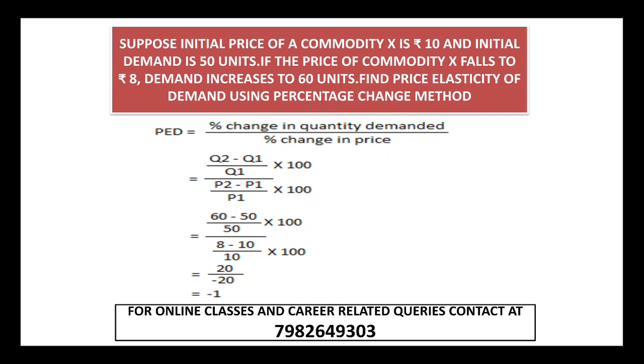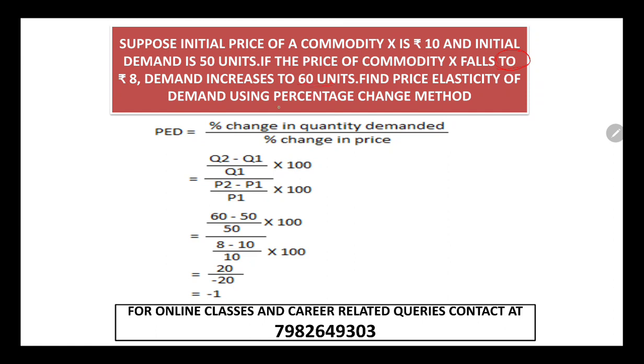Now if the price of the commodity X falls to rupees 8, which means that now the new price is rupees 8. Always remember this: when they say falls to, they are talking about the new price. So the demand increases to how much? 60 units, which is the new quantity Q2.